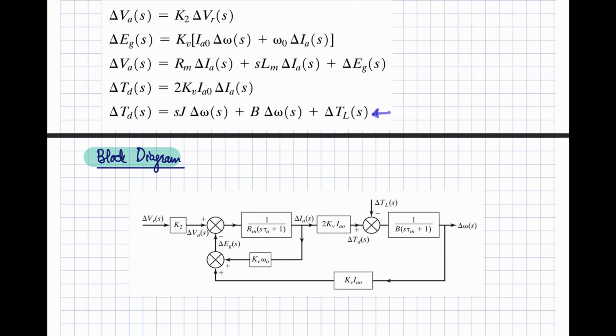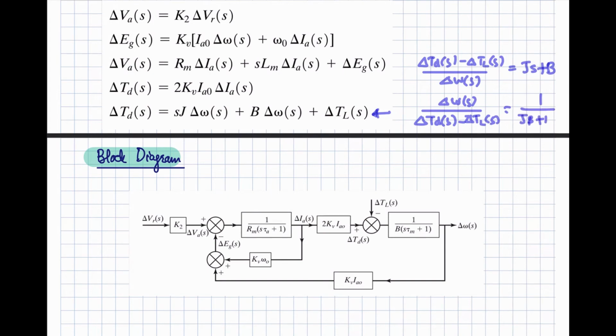So from this equation you can write that delta TDS minus delta TLS divided by delta omega S is equal to JS plus B, and I can write delta omega S by delta TDS minus delta TLS is equal to 1 over JS plus B.